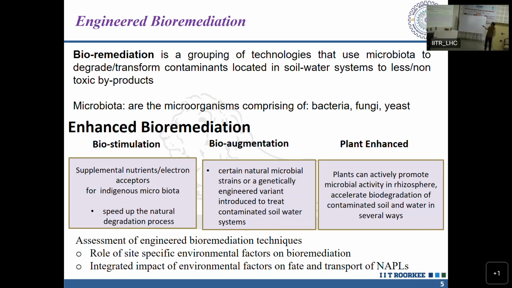Now the question comes: what are the microbiota? Microbiota are microorganisms. Indeed, we cannot see them with the naked eye. So they can be bacteria, fungi, and yeast. Out of these, bacteria are the most numerous. So you can say the role of the bacteria is going to be more prominent when it comes to the bioorganisms.